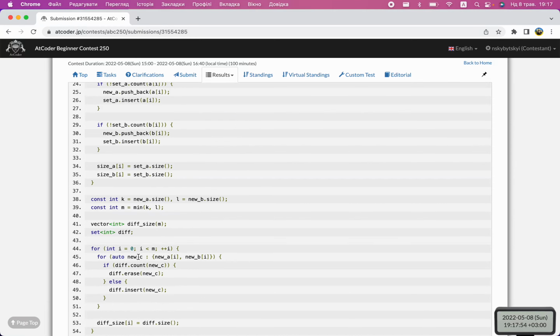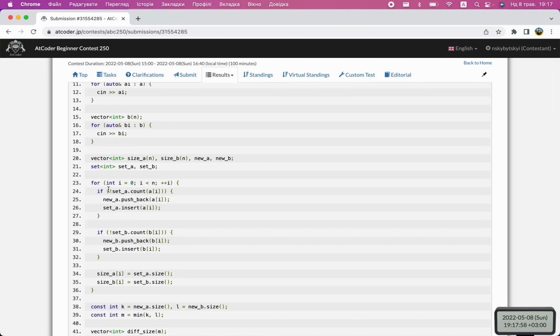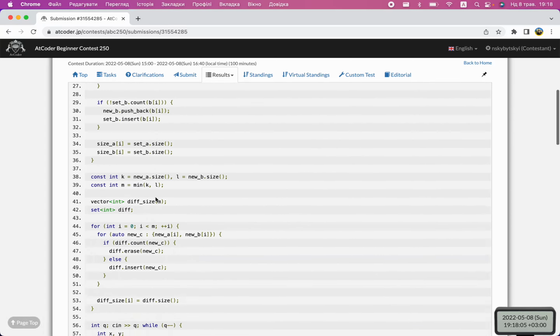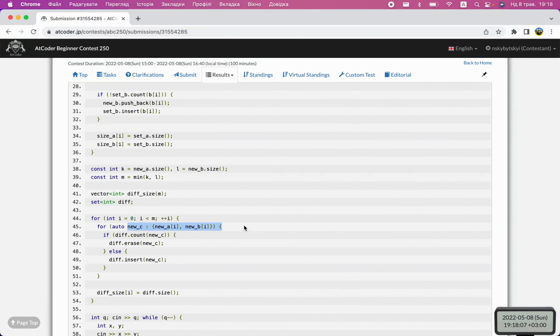This can be done in multiple ways. One way is, every time the size of a set increases, it means that we get a new element. So we can record new elements and then repeatedly add new elements. That is the k-th new element in A, the k-th new element in B.